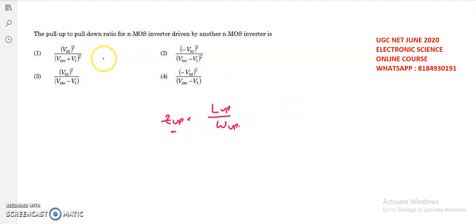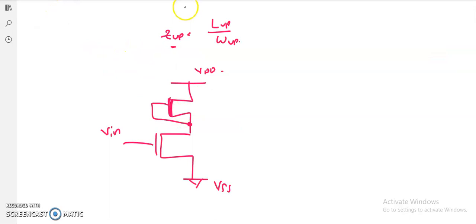Here it is an NMOS inverter driven by one more NMOS inverter, and it is a depletion mode NMOS inverter. As I told, in the depletion mode NMOS inverter, gate and source are both short circuited. That means this depletion mode NMOSFET is always in the on mode, or else always in the saturation mode. So if it is always in the saturation mode, then it has a drain current.